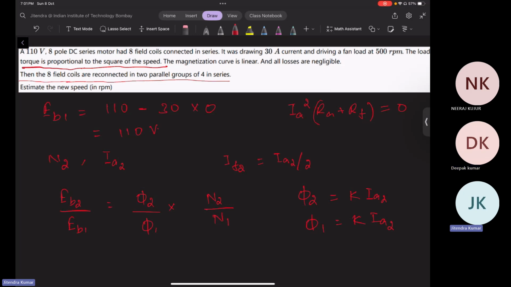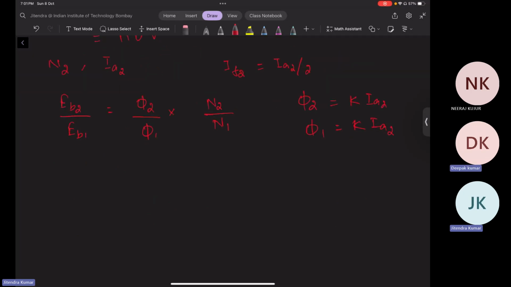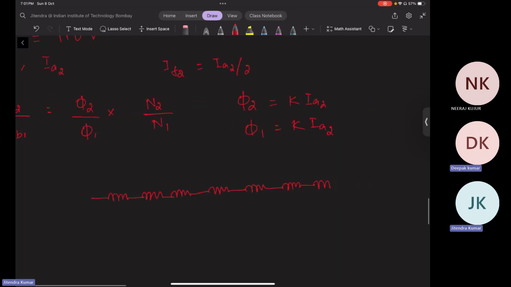How can you conclude that three coils are in parallel? See, two parallel groups only. Initially, what was the scenario? That 8 such coils were in series. Right?